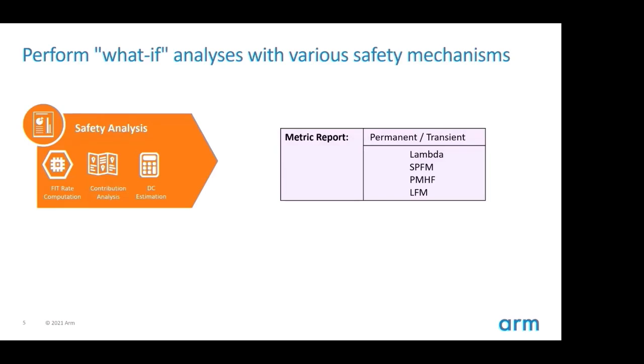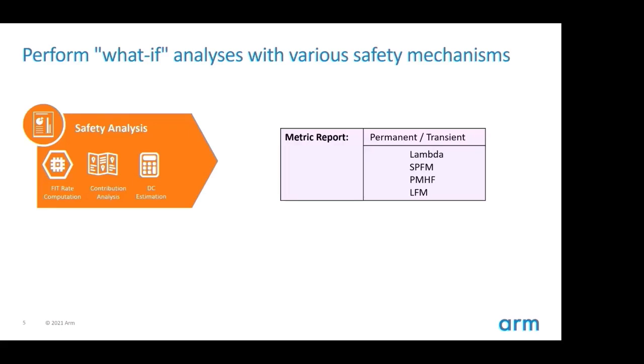We apply the same methodology on different safety mechanisms to compare their metrics, for example SPFM, the single point fault metric, permanent and transient. We see what each of these different safety mechanisms provides, line that up against our safety goal, and also compare their costs, like the number of latches, registers, flops, gates, and so on.